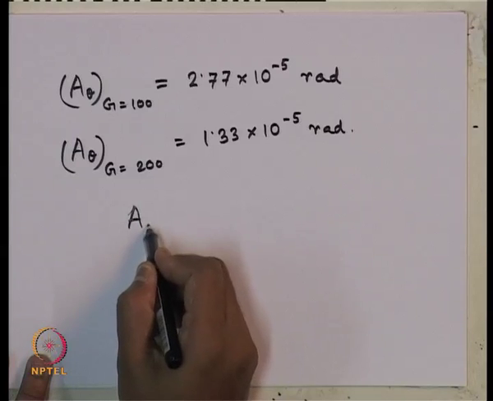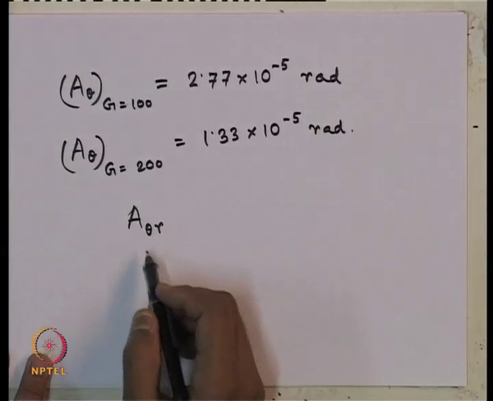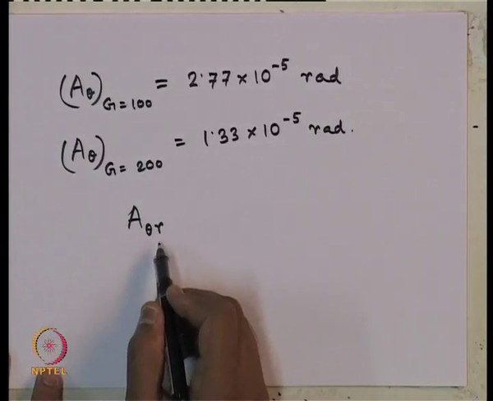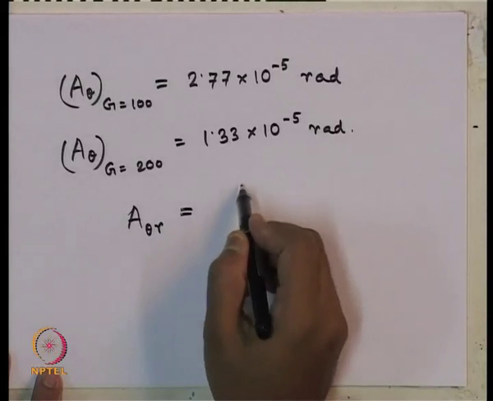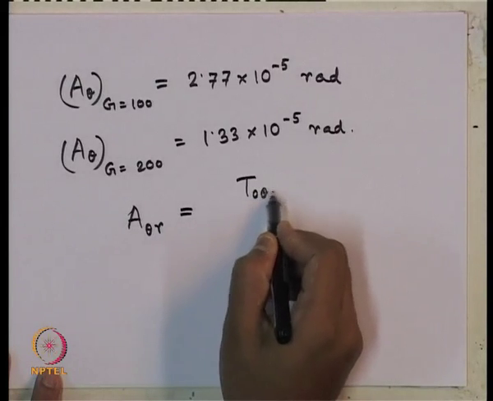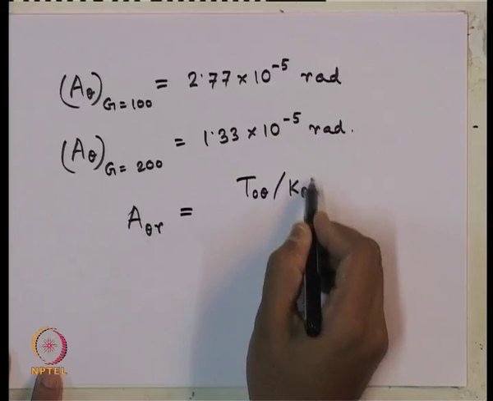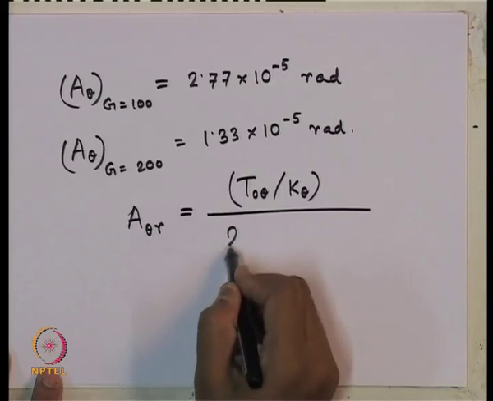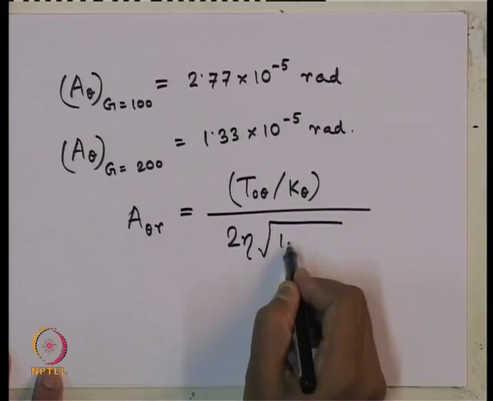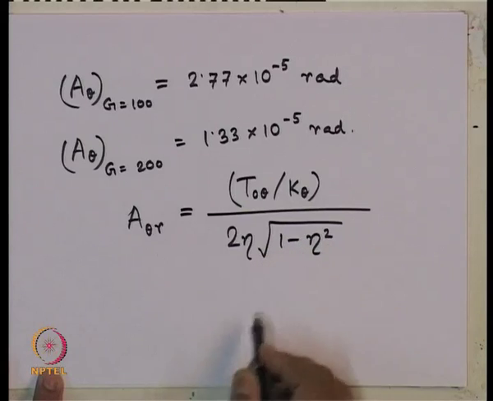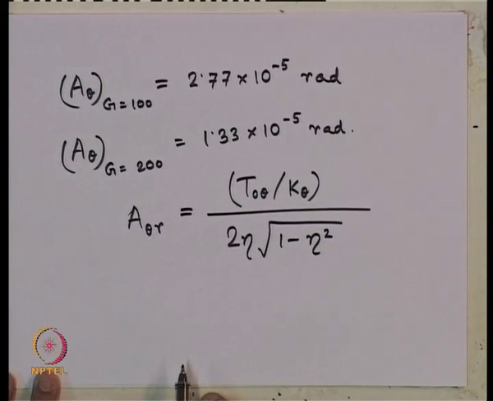Whereas, the expression to compute the displacement amplitude at resonance condition is T naught theta by k theta by 2 eta by root over 1 minus eta square, similar to the expression for DMF, dynamic magnification factor.